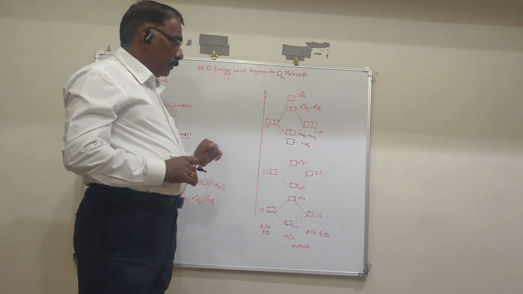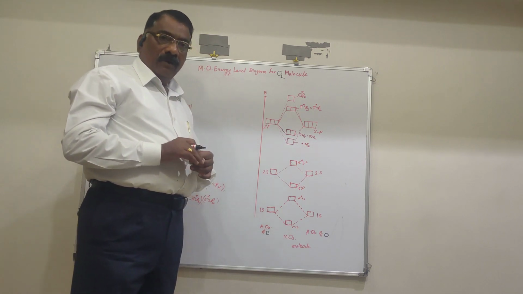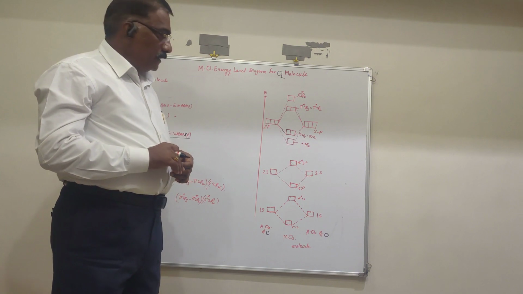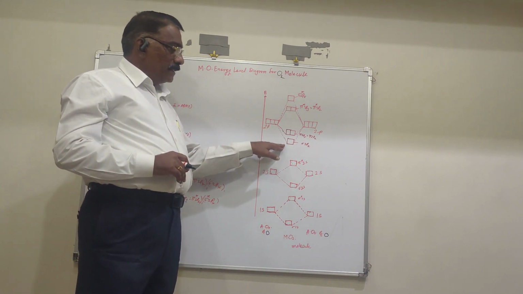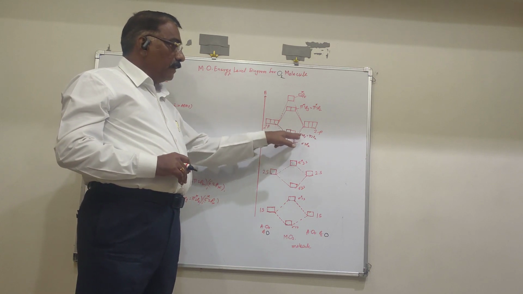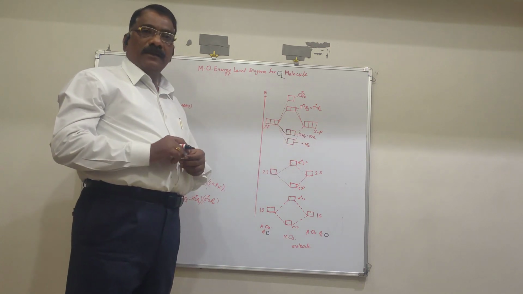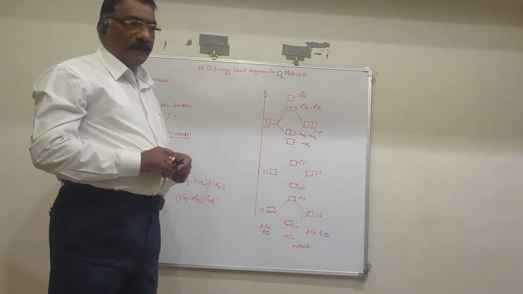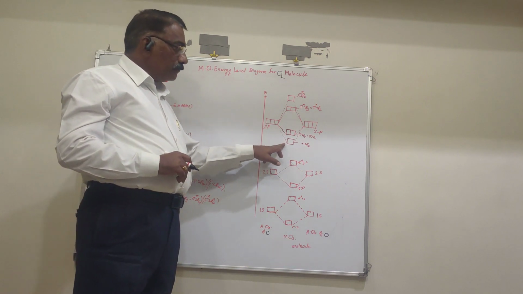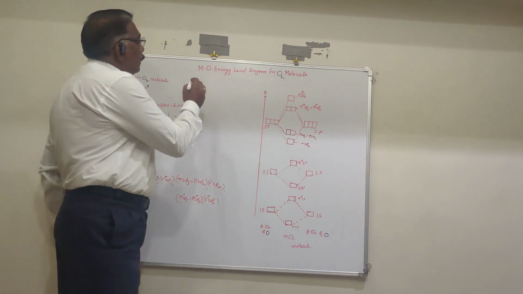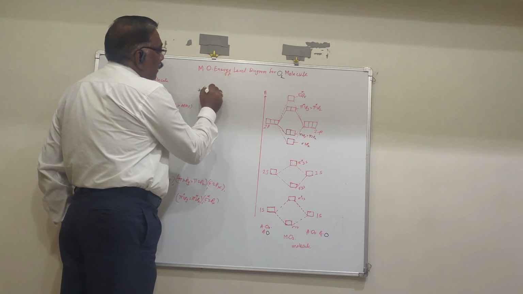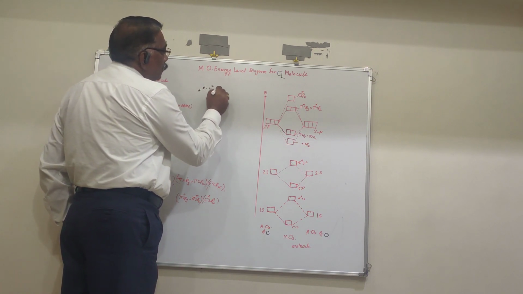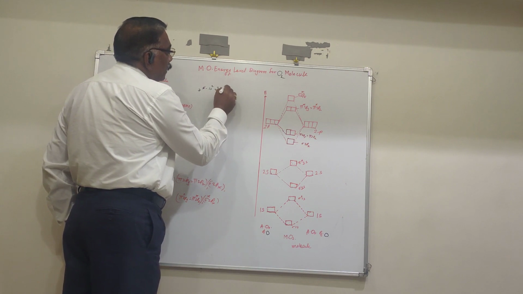In the previous diagram of the N2 molecule, we saw that in the combination of p orbitals, the energy of sigma 2px is higher than pi 2py and pi 2pz orbitals. This is because nitrogen has atomic number 7 and electronic configuration 1s2, 2s2 and 2p3.